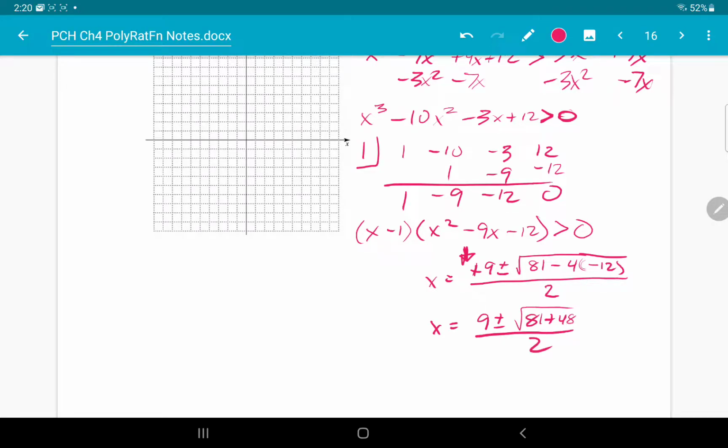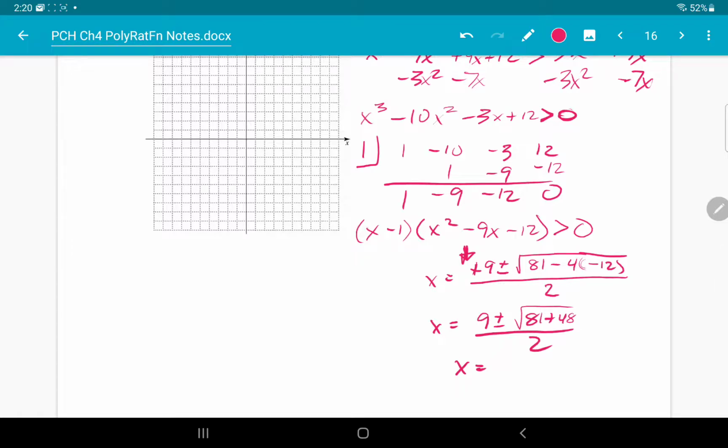I'm just going to use my calculator here. You can do it yourself too. Okay, we're getting 10.18 and negative 1.18.